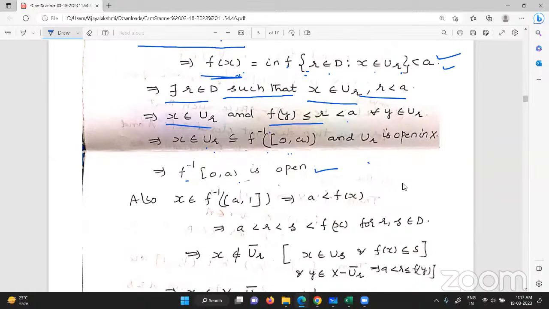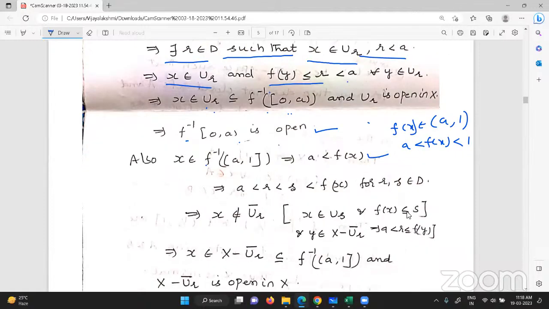And at the same time, if you have x belongs to f inverse A comma 1, that means f of x belongs to A comma 1, meaning A less than f of x less than 1. So f of x is greater than A. We know, I told you, between any two real numbers there exists a real number.